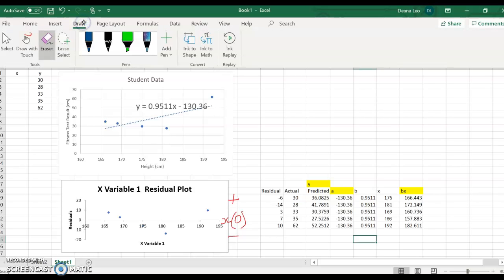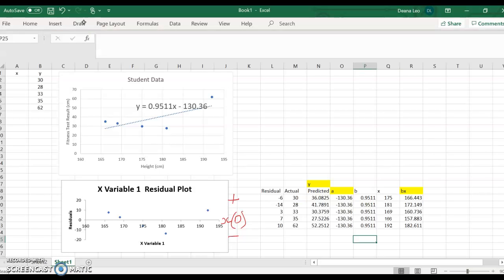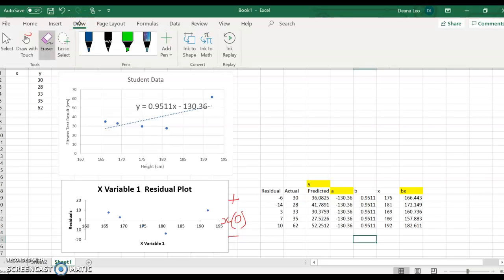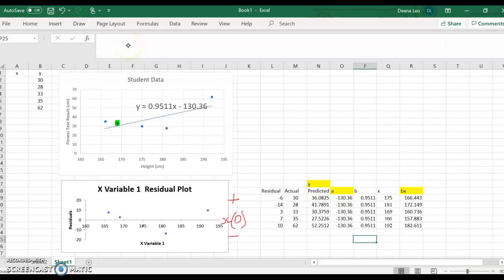Okay, so a jump of 30 is here, must be this one. Okay, jump of 30 is this one.